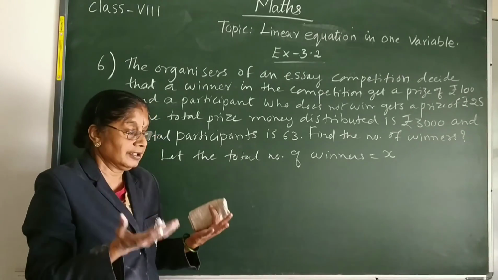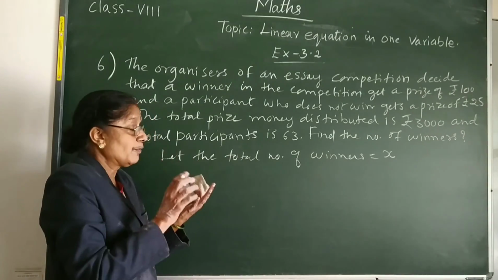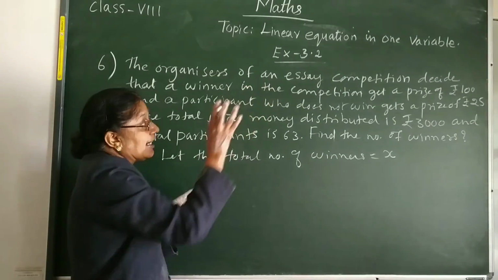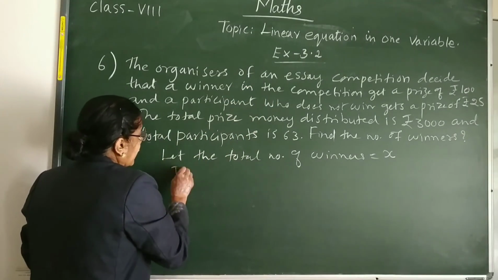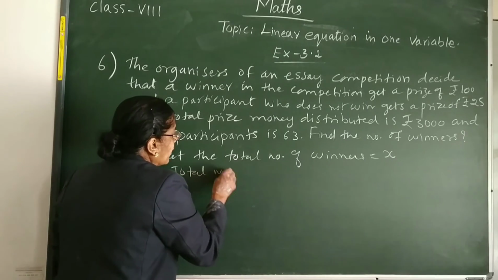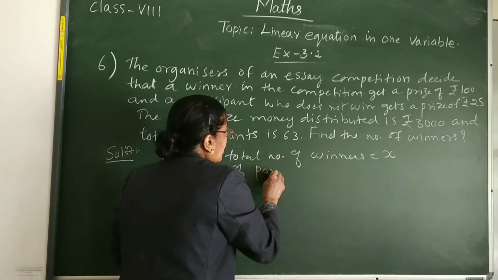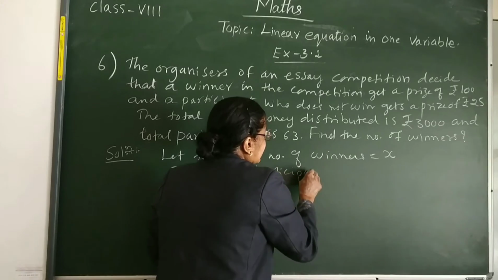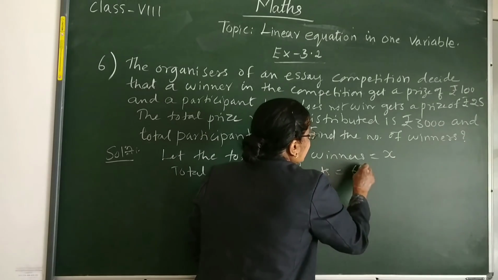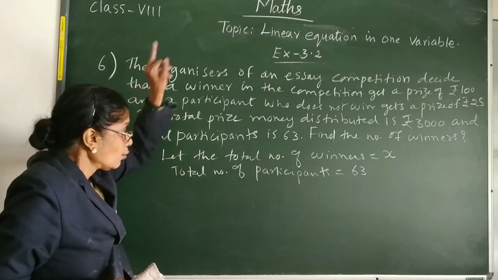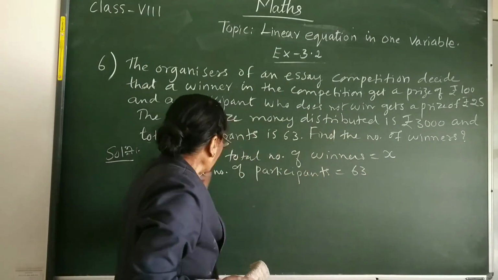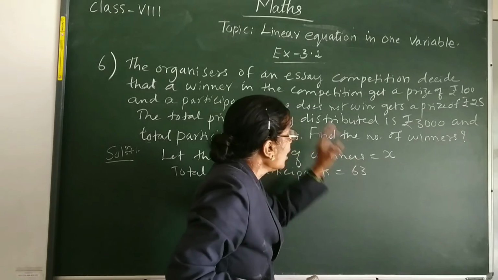Those who write nice language and nice things will get the winning position. So the total number of participants is equal to 63, and the total number of winners is x.